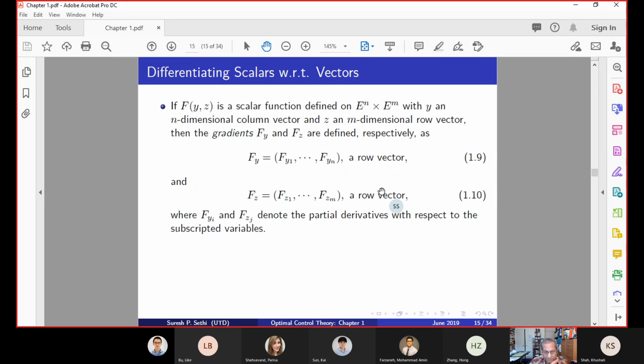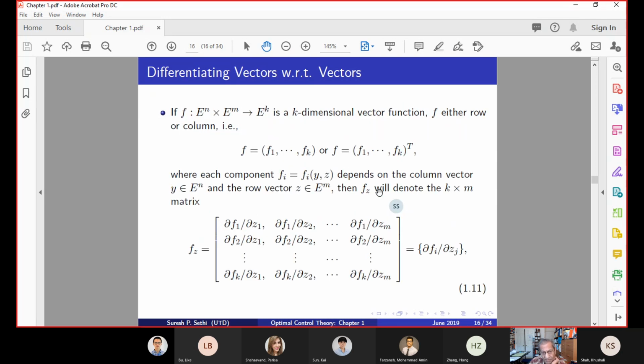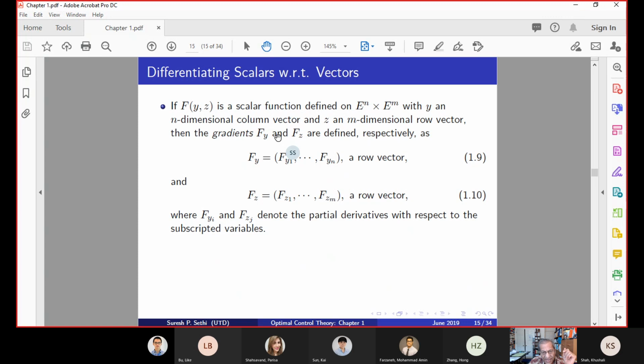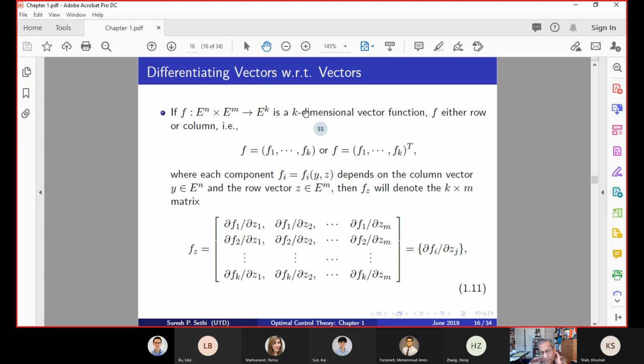Remember that. Now comes the next level. Suppose f is now a function that takes R^n and R^m to k dimensions. So it's not a scalar function like this one. It is now a function which is k-dimensional, so f is like f1 to fk.